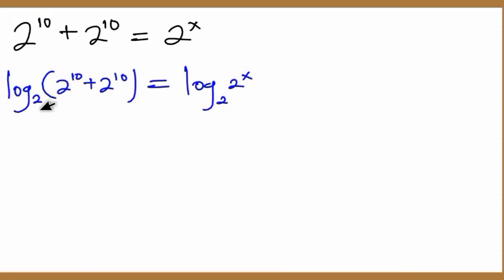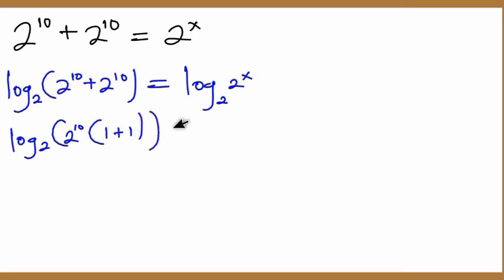So from here, at the left hand side, I'll have my log base 2 of, now I can factor 2 to the power 10 out, so I'll have 2 to the power 10 out, and this gives me (1 plus 1) in the bracket, equals, now I know this x can drop as x log base 2 of 2.